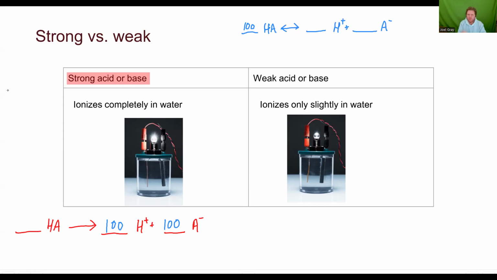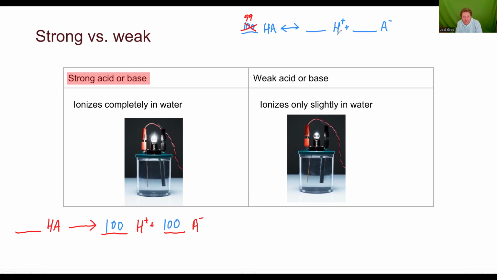Actually, here, we'll do it kind of stepwise. We started with 100. Our first HA is going to separate. So that first HA is no longer there. Now we're down to 99 HAs. My question for you guys is how many H's and how many A's are there in that solution? I'll give you a hint, there's 99 HAs.